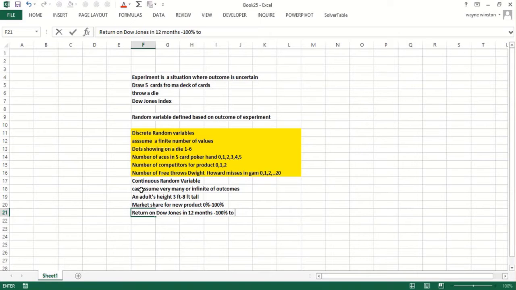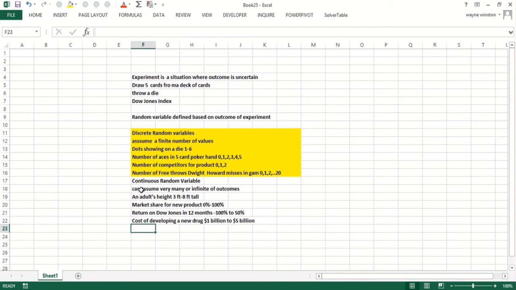I don't know, realistically maybe 50%. The cost of developing a new product, say a new drug for Alzheimer's. Okay, maybe it can be anywhere from $1 billion to $5 billion, depending on how things go.